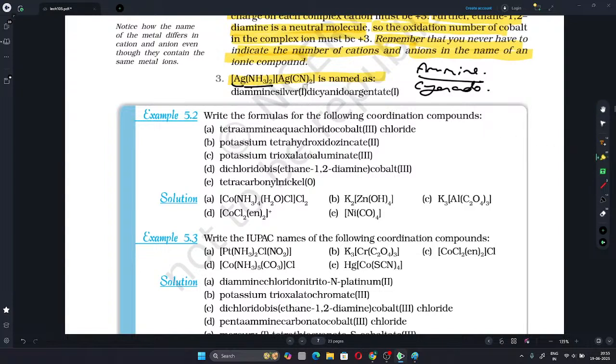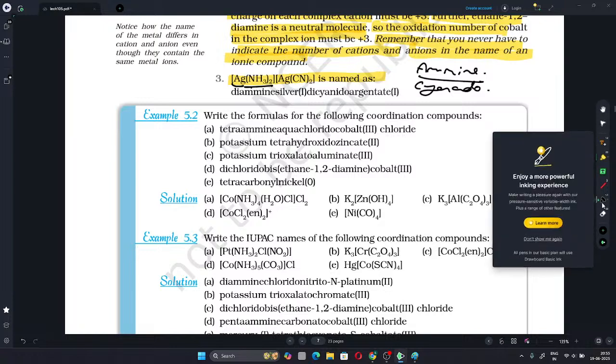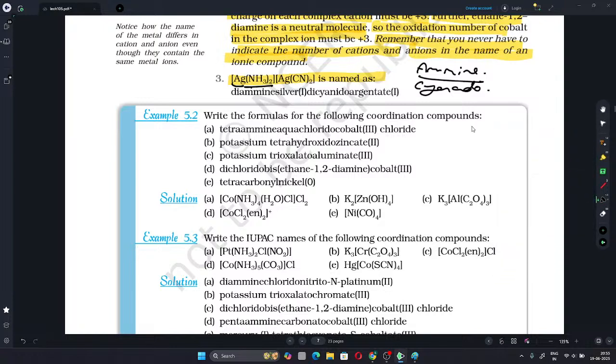Here we have an example. Write the formulas of the following coordination compounds: tetraamine aqua chlorido cobalt(III) chloride. Since chloride is written last, the complex is a cation, with a positive charge.